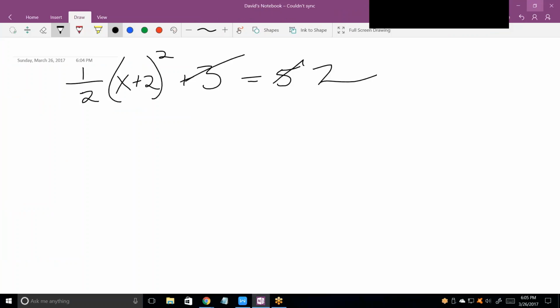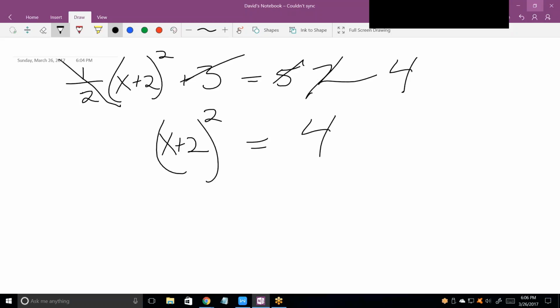What's the next step? Multiply both sides of the equation by 2. It's not just the 2 we're doing, we're multiplying the left side also. But when we multiply the left side by 2, it gets rid of that. Multiply the right side by 2, it becomes 4.